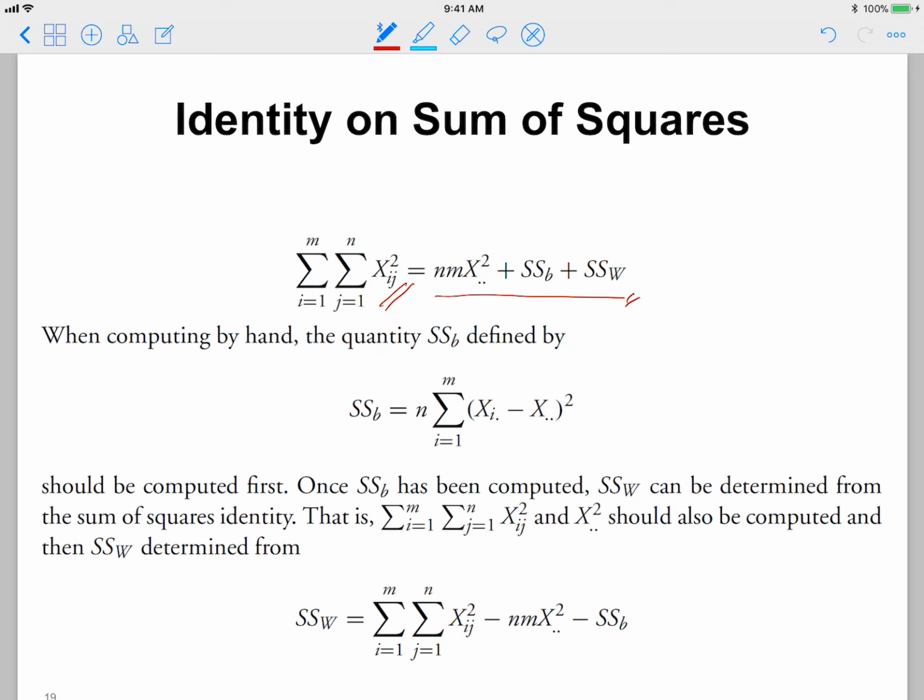Let's try to understand the intuitive meaning.